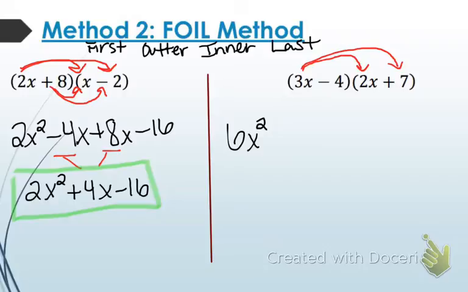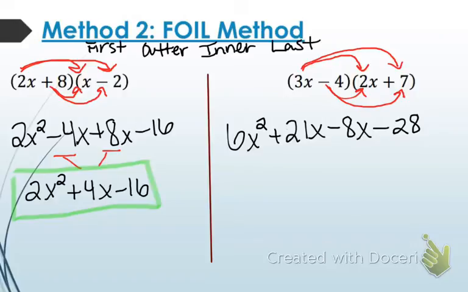So 3x plus 7. 3 times 7 is positive 21. Keep the x. Then we have the inner ones, negative 4 and 2x. So that is a negative 8x. And our last, this last term times this last term. That is a negative 28.